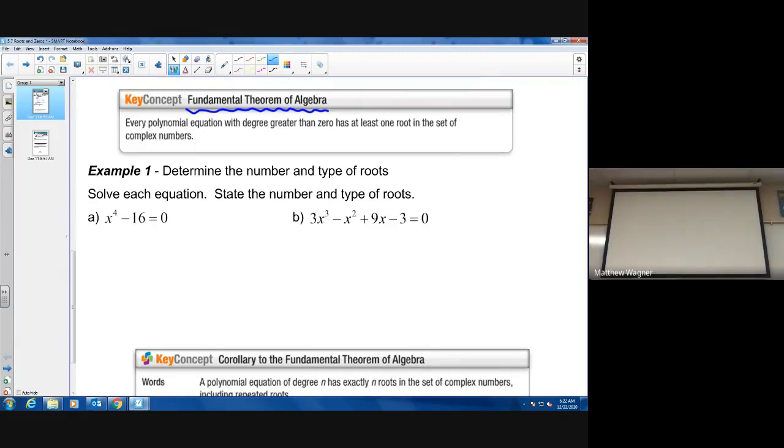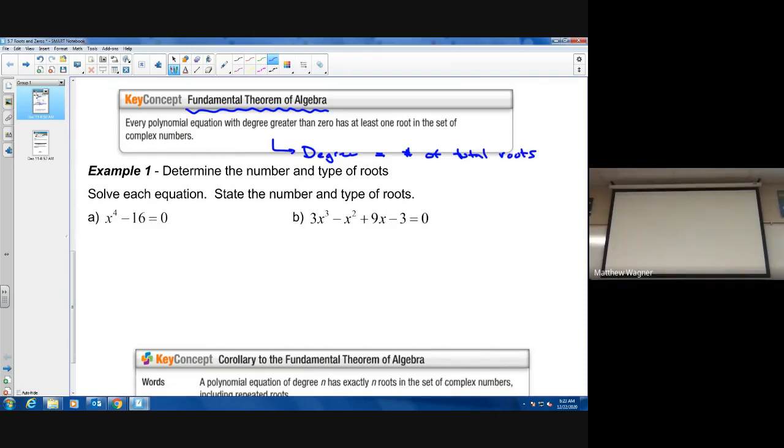Going into the day, and we've hinted at it throughout time, every polynomial with a degree greater than 0 has at least one root in the set of complex numbers. And a corollary to this theorem is essentially that your degree equals the number of total roots.